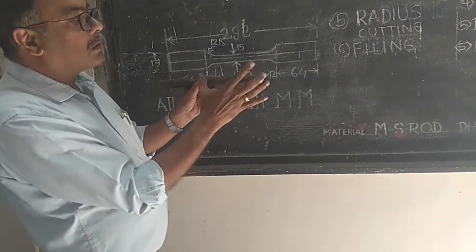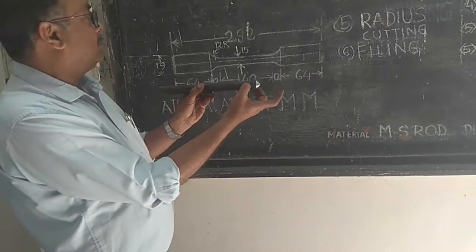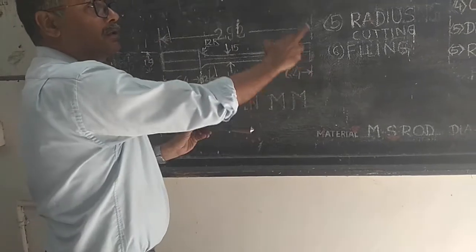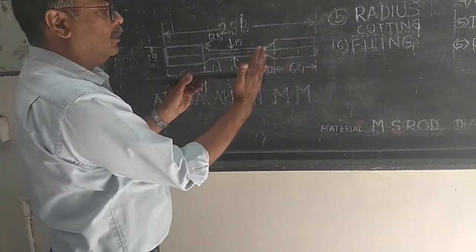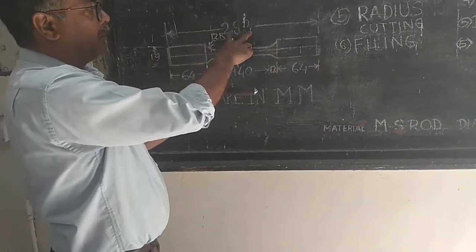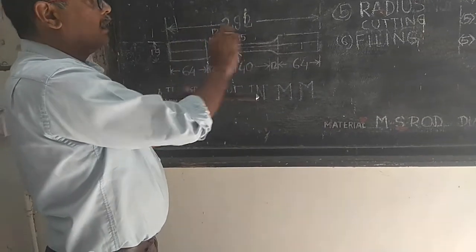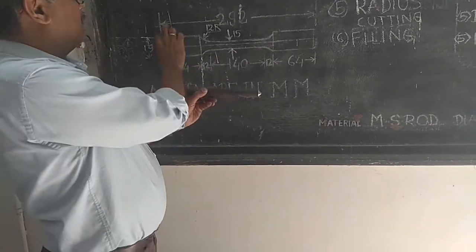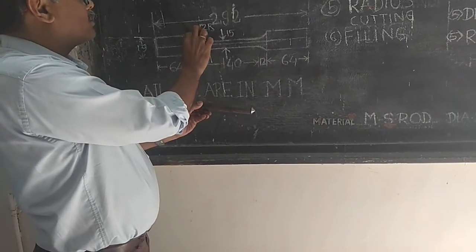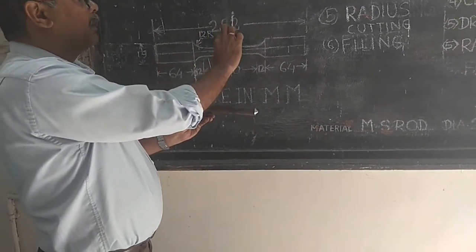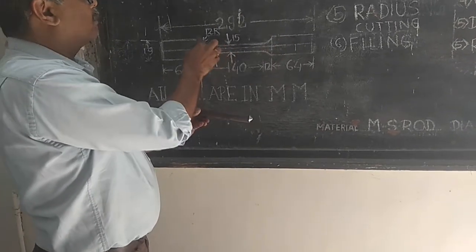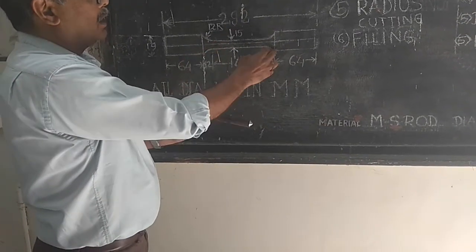So from a rod of 25 mm diameter and 295 mm length, we have to prepare this job. We will have to reduce the length from 295 to 292 and the diameter from 25 mm to 19 mm up to a certain length, then 15 mm up to a certain length, and then a radius of 12 mm at these two ends.